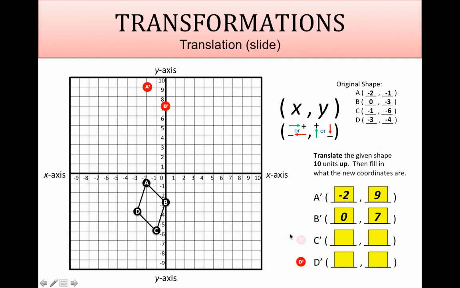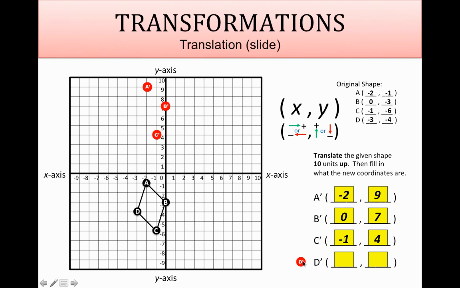Click on C prime and drag it over here. Starting at C, you're going to count up 10 units, and then release C prime there. C prime's coordinates are -1, +4. You type those in those little yellow boxes.